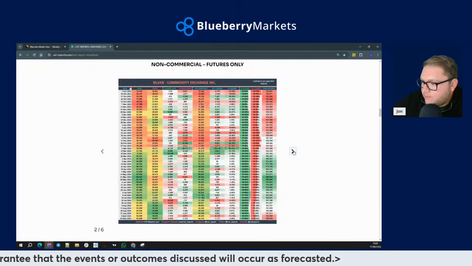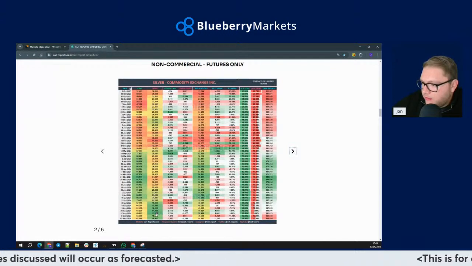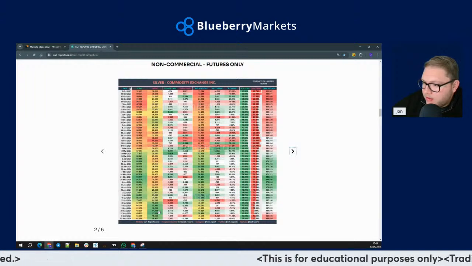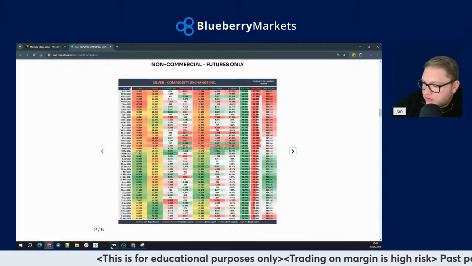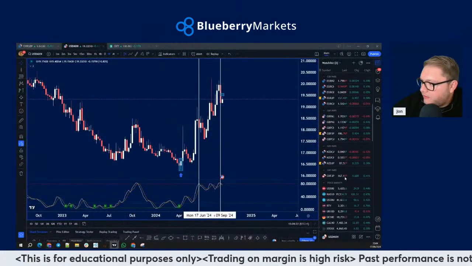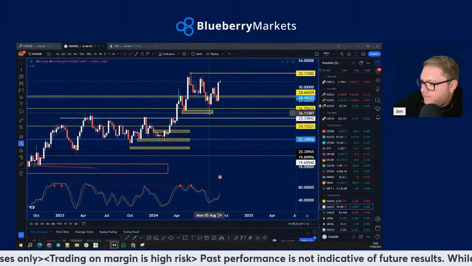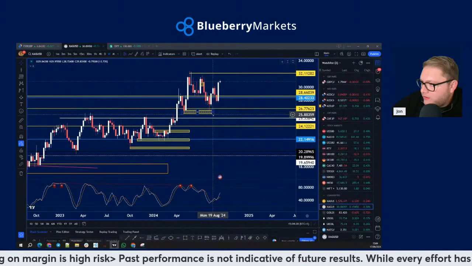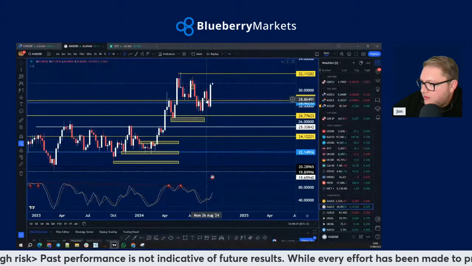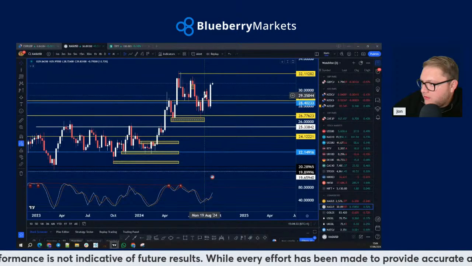Silver, short positions have decreased quite a lot. They were heavily short silver on the 20th of August, 13th of August. Let's have a little look at how silver played out. 20th of August, that's this week here, really.